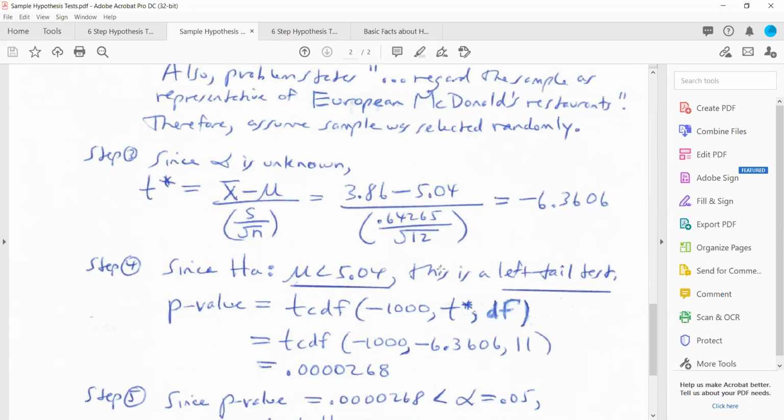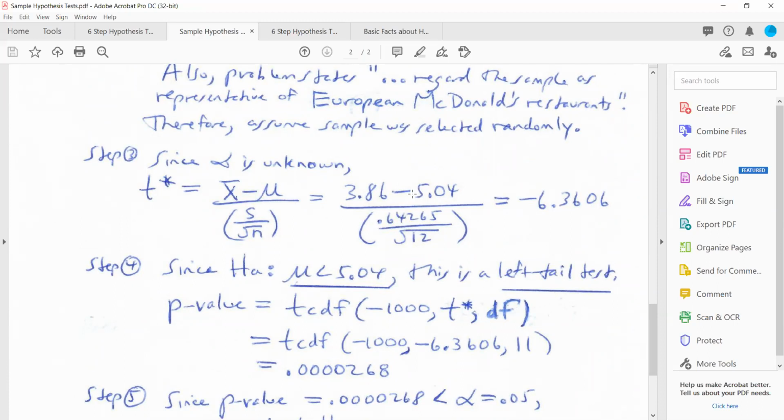And here's our denominator. The numerator of the ratio in our denominator is our sample standard deviation, and we divide by the square root of the sample size 12, and we calculate this to be approximately negative 6.36. Again, you can store this once you've done this calculation in your calculator.